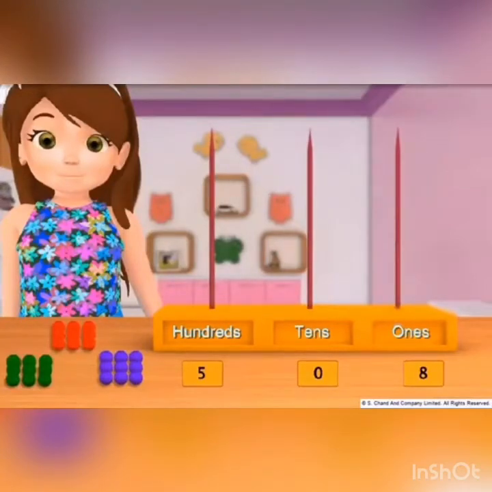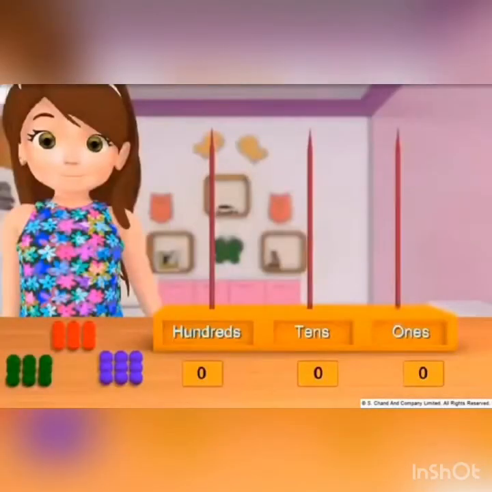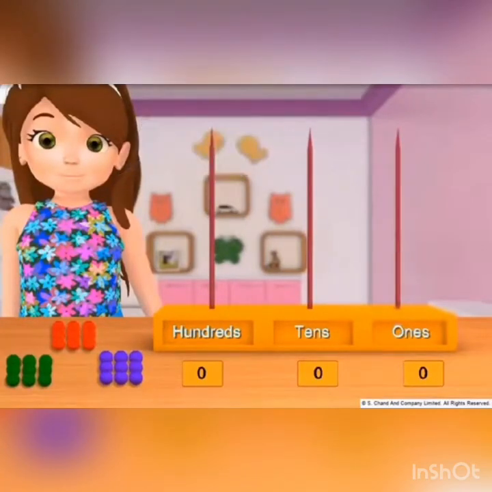So, we can show the number 508 by putting 8 beads at the ones place, no beads at the tens place and 5 beads at the hundreds place. Now Sela has given us the number 345. 345 has 3 at the hundreds place, 4 at the tens place, and 5 at the ones place.